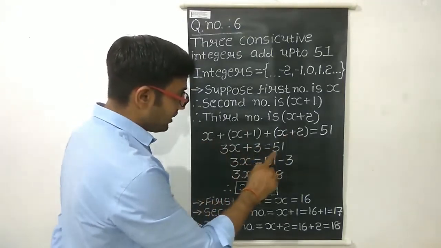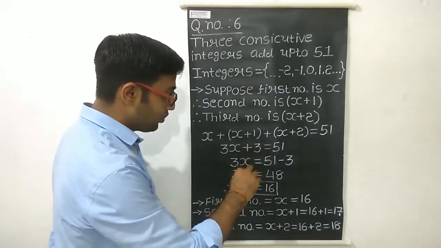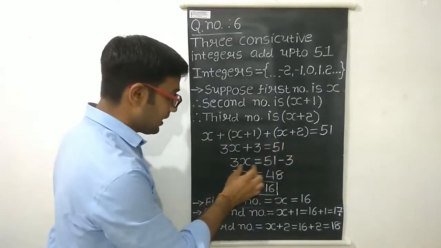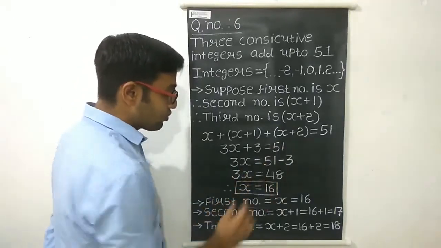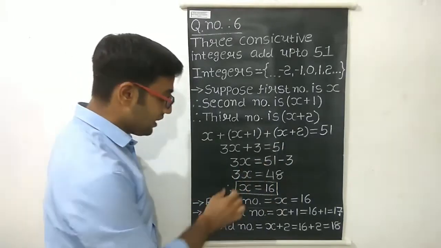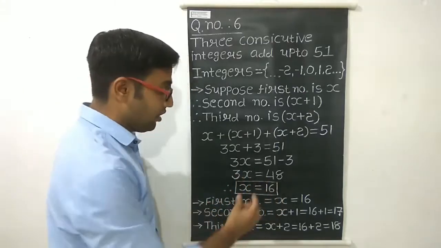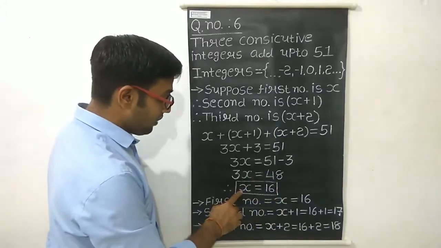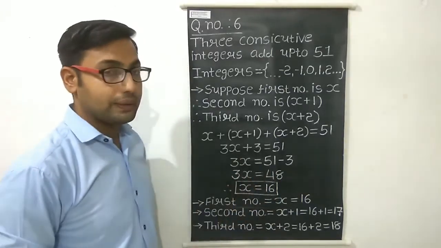So 3x plus 3 is equal to 51. Now take this 3 to the right hand side. We get 3x is equal to 51 minus 3, so 3x is equal to 48. Now again this 3 goes to the right hand side, in the denominator of the 48. So we get the value of x is equal to 16, because 16 threes are 48.